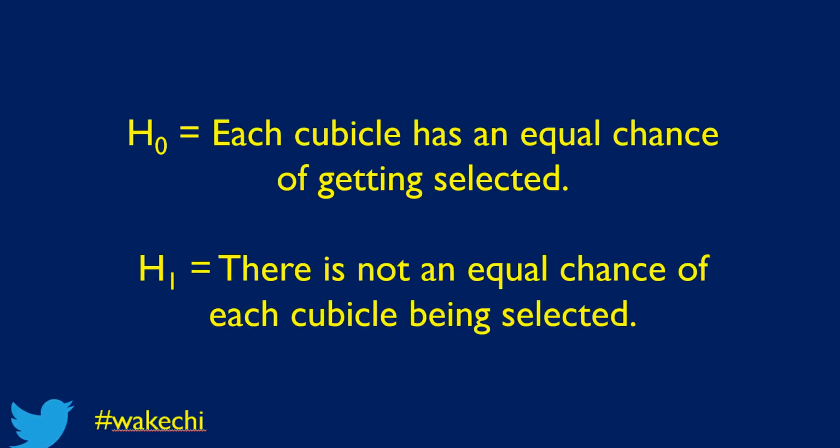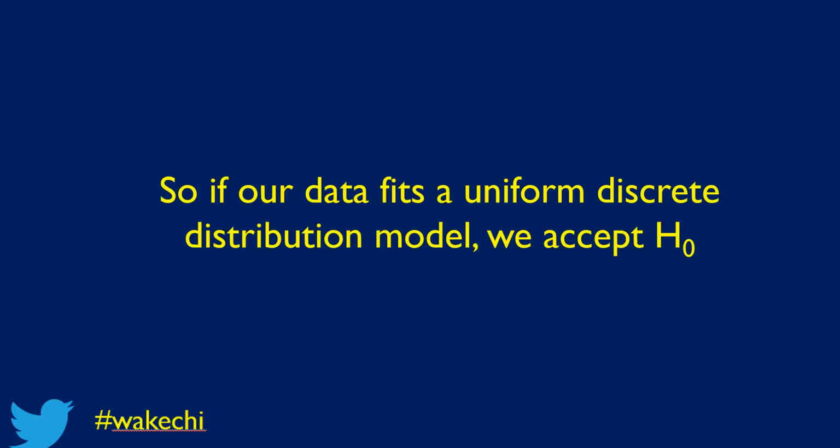H0 is that each cubicle has an equal chance of getting selected. H1 is that there is not an equal chance of each cubicle being selected. So if there's an equal chance of each cubicle being selected, then this data will fit a discrete uniform distribution model, and we'd accept H0. If we find that it doesn't fit that model, then we accept H1.